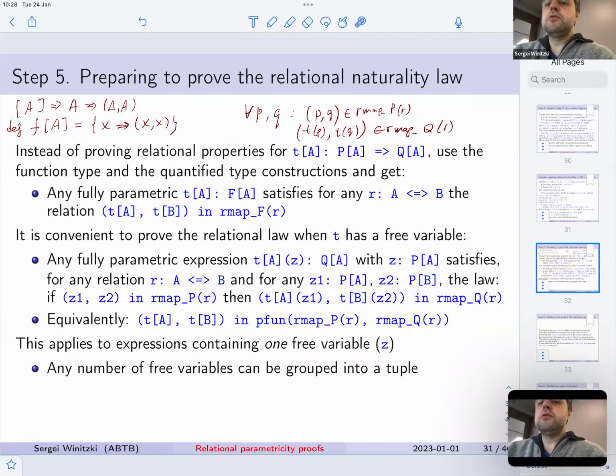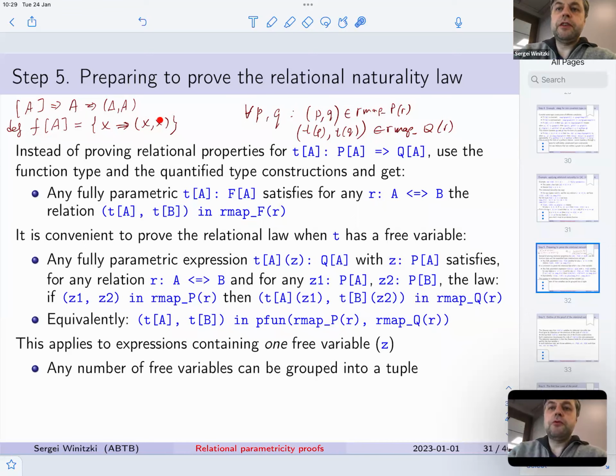Now, suppose we want to prove that this function satisfies the appropriate law. So we will have to look at the code expression here. And this code expression is a function. So we'll have to look at the function body, and we will have to use an inductive assumption that if the function body satisfies the relational parametricity law, then we will prove that also this function satisfies that law. This is how we will have to prove by induction.